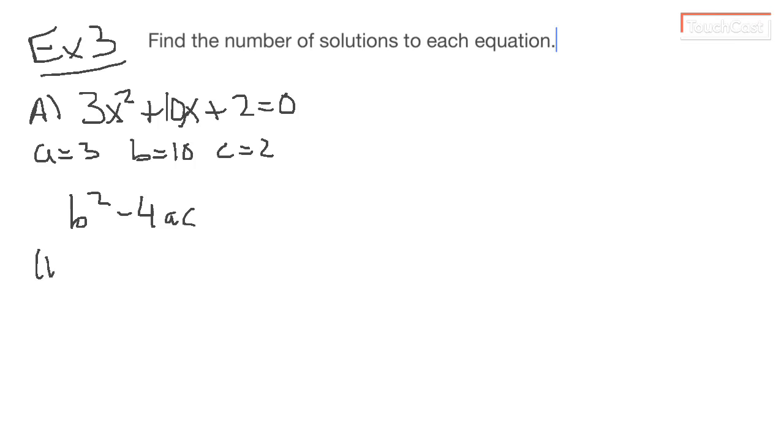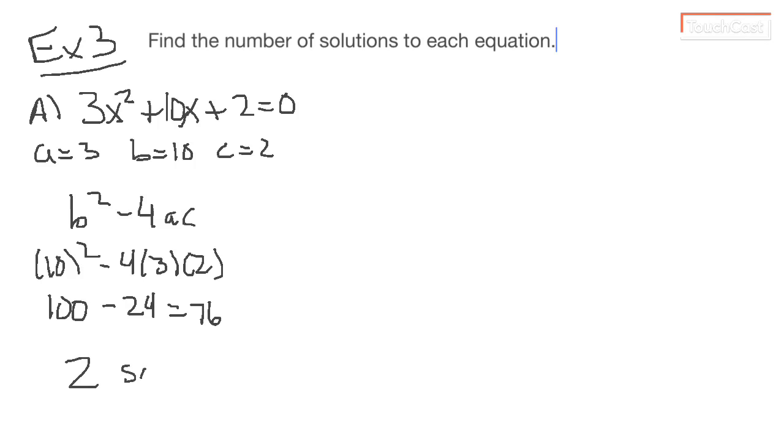So if we take 10 squared and subtract 4 times 3 times 2, well, 10 squared is 100. 4 times 3 is 12, and that times 2 is 24. 100 minus 24 is equal to 76, which means that's positive. So we are going to have 2 real solutions.